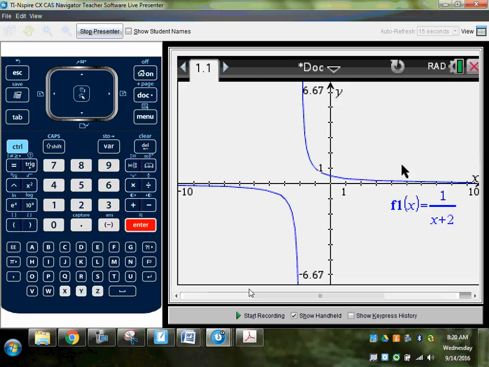So we get something like this. Notice there's a vertical asymptote here, a horizontal one there. Now, let's answer this question.